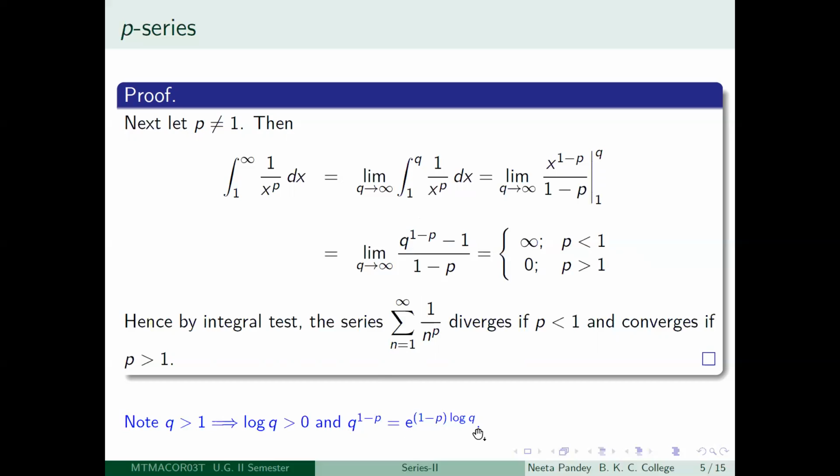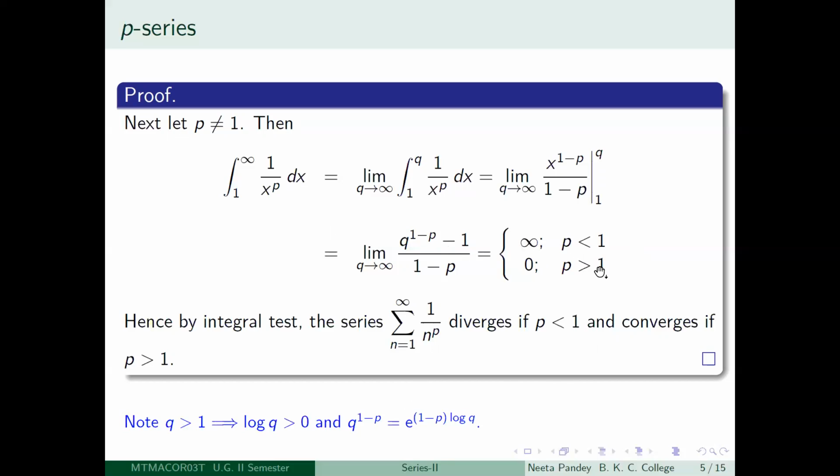Look at this, because it depends on the nature of log and the exponential. As q goes to infinity, log q tends to infinity, and we multiply by just a positive scalar and then take the exponential of that; exponential is also an increasing function. So as q goes to infinity, e to the power something dependent on q in this manner will also go to infinity. So what do you get? When p is less than 1, this improper integral does not exist finitely.